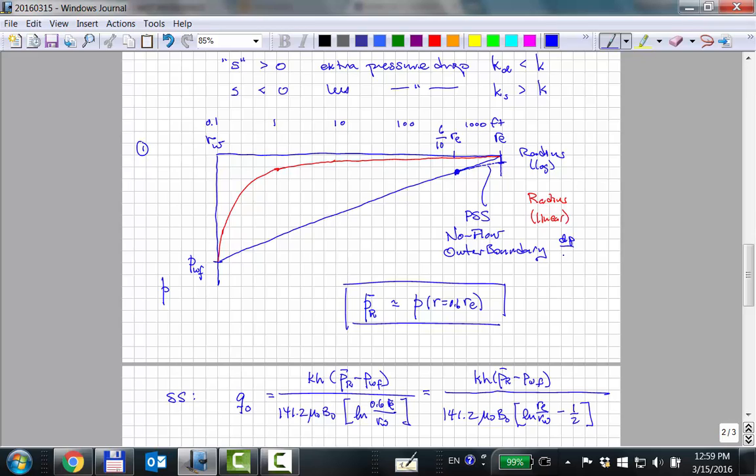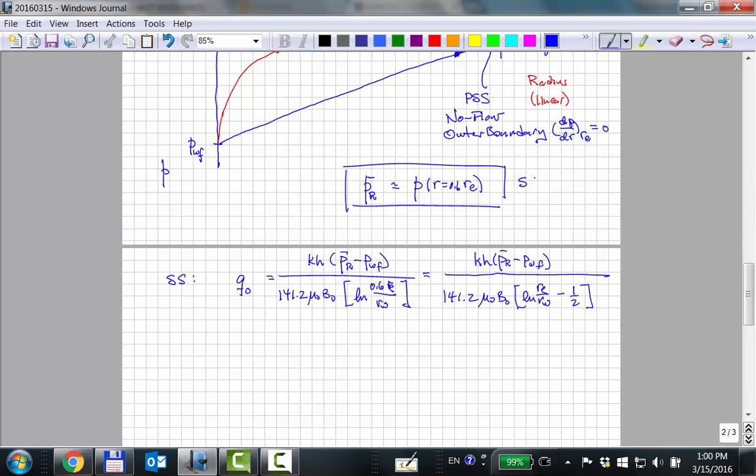dP dr at RE is 0. Nothing changes much, but the average pressure has to change because there's quite a bit of volume out here. So the average pressure has to be lower than in the case of steady state.